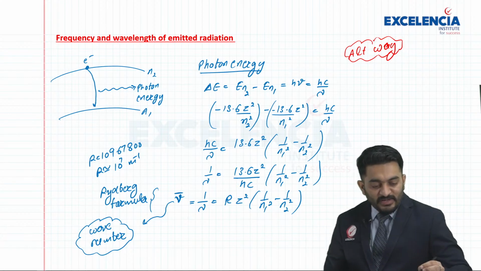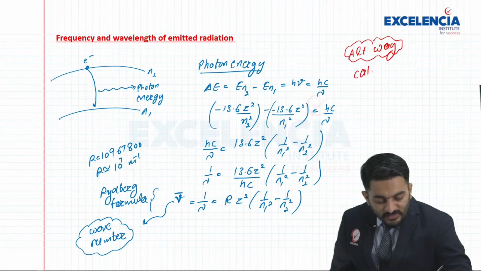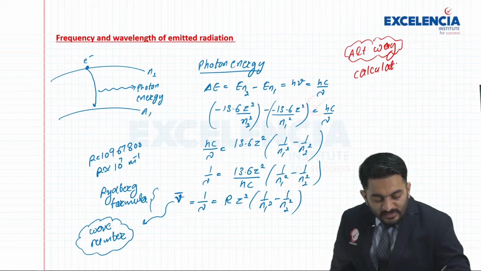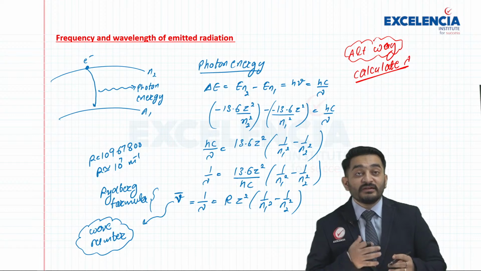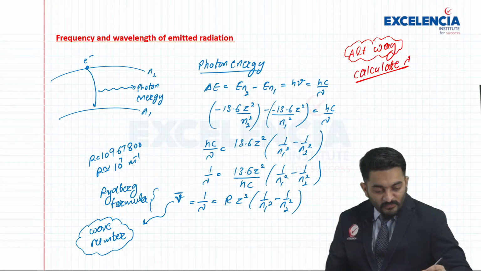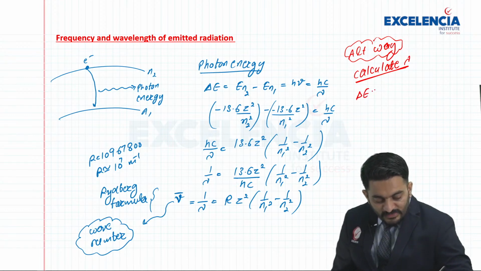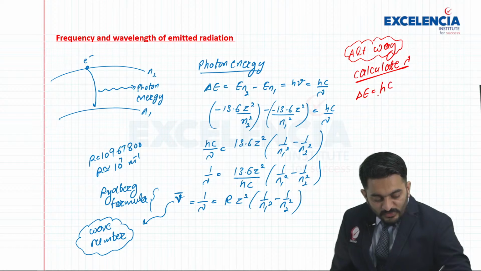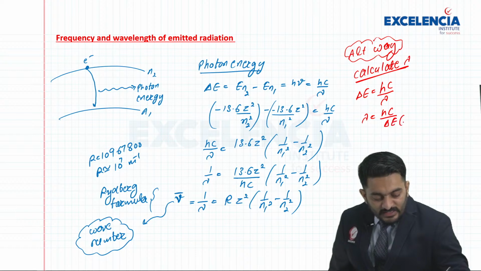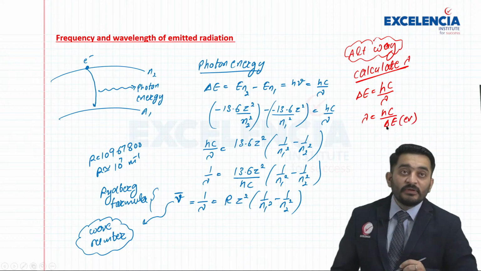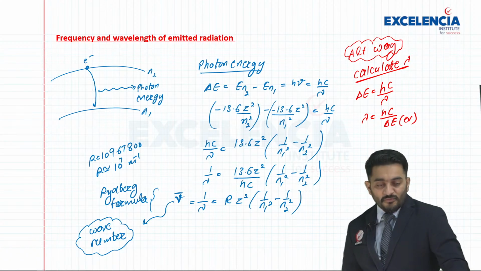So if you are calculating wavelength and somehow you know the energy difference, what we can do over here is this: if delta E is h mu, which can be written as hc over lambda, then lambda can be written as hc over delta E. This delta E value, remember, you have to plug in terms of electron volt.